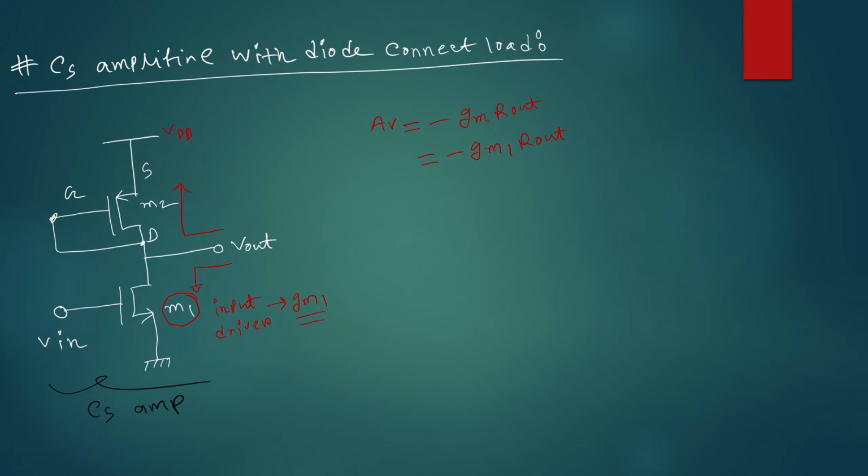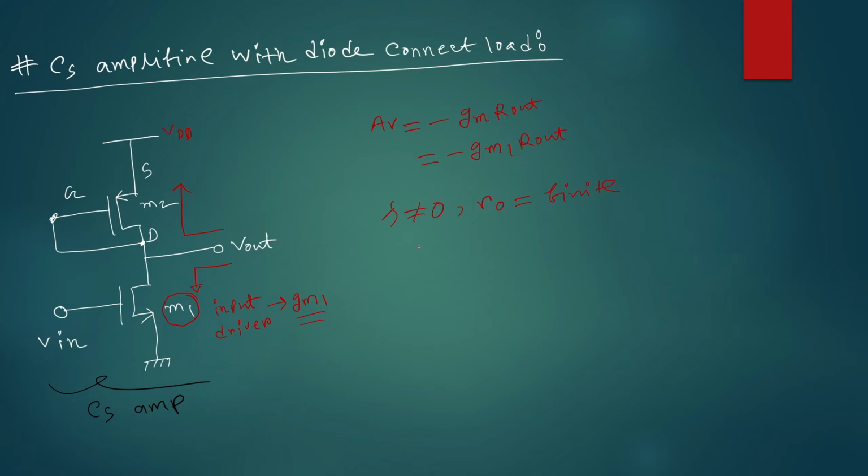As I discussed in the previous tutorial, the output resistance of the diode connected load is something. If you consider channel length modulation, that means lambda is not equal to 0, so your RO is finite.